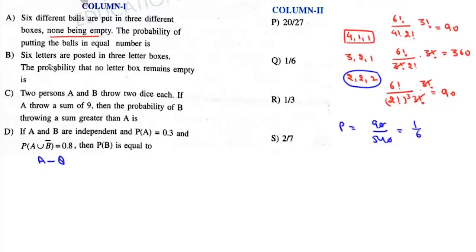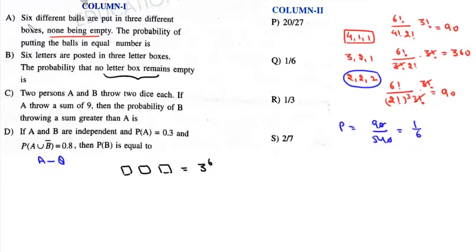Now the second one is, 6 letters are posted in 3 letter boxes. Find the probability that no letter box is empty. First we'll find the total number of ways of distributing these 6 letters in these 3 letter boxes. For each letter we have 3 choices. So the total number of ways is 3 to the power 6. Now in how many ways can we distribute them so that no letter box is empty?